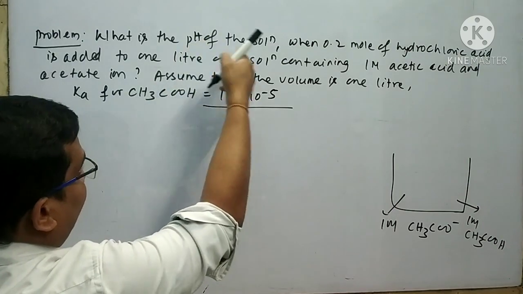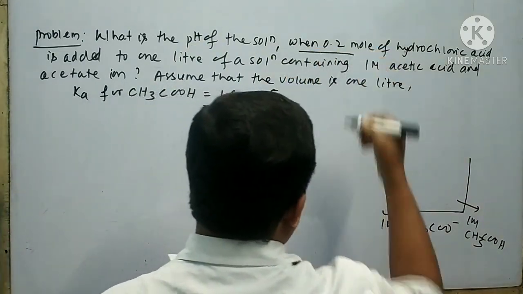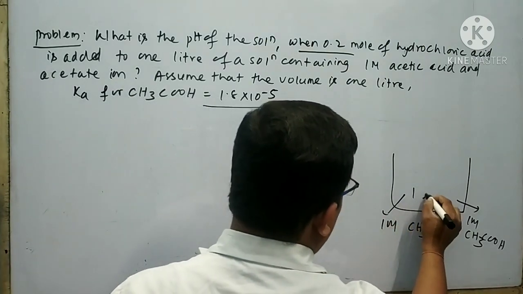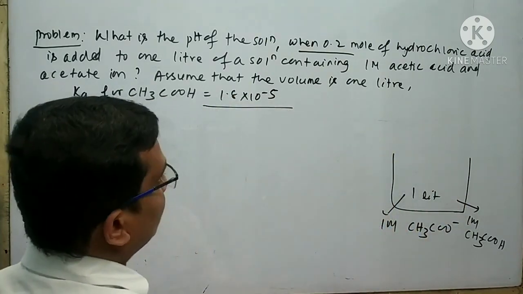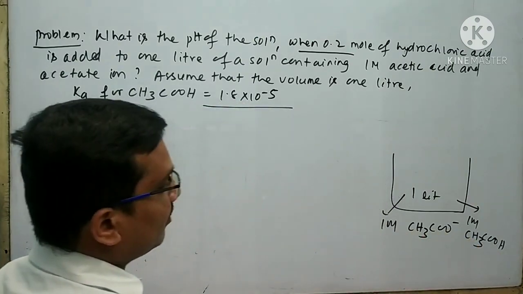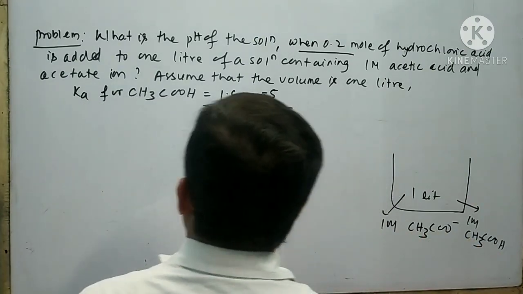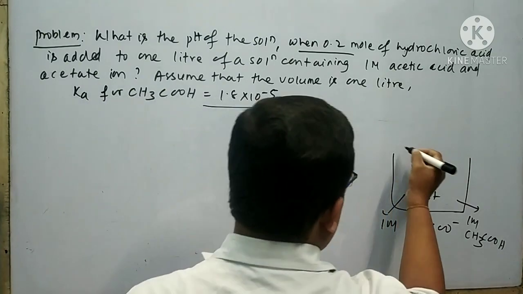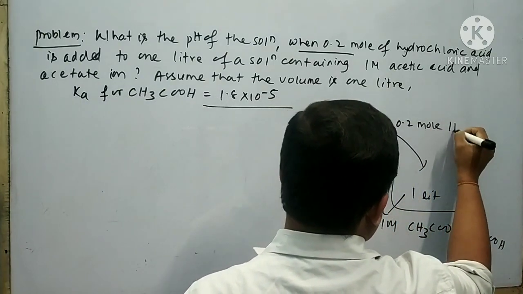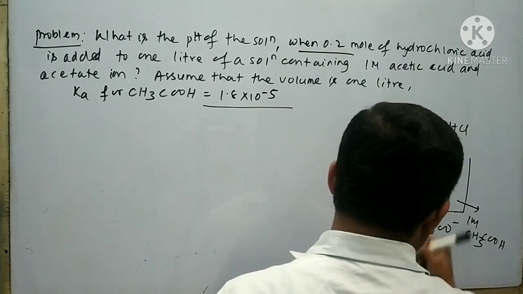What is the pH of the solution when 0.2 mole of hydrochloric acid is added to 1 liter of a solution containing 1 M acetate ion and 1 M acetic acid? That means we have to add 0.2 mole of HCl to this solution.